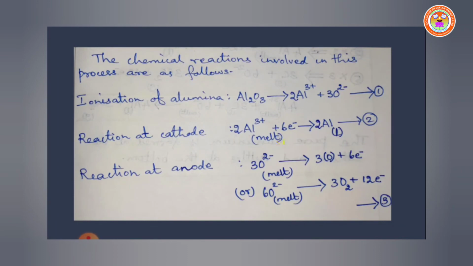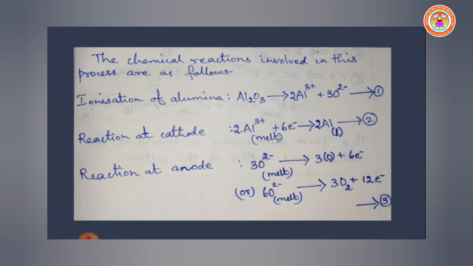The 3 oxide ions are totally losing 6 electrons and becoming 3 oxygen atoms. 3 oxygen atoms is equal to 1.5 molecules of oxygen. But the equation should be given with whole numbers only.